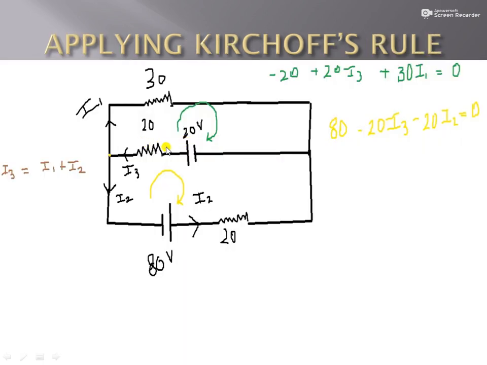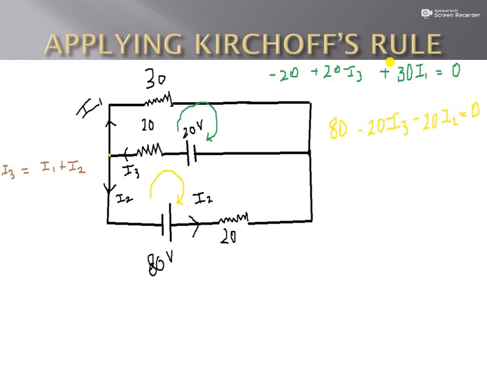So this becomes plus 20 I3. If you go further with the direction of the loop, the next resistance that comes is 30, and the current flowing through it is I1, also in the same direction as the loop. So it becomes plus 30 I1 equals 0. The algebraic sum of potential is 0.